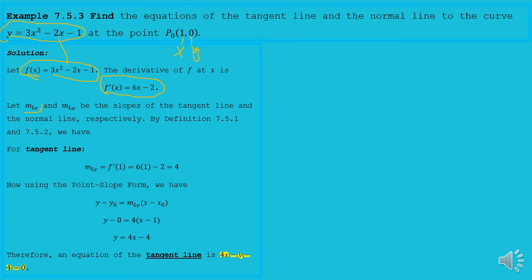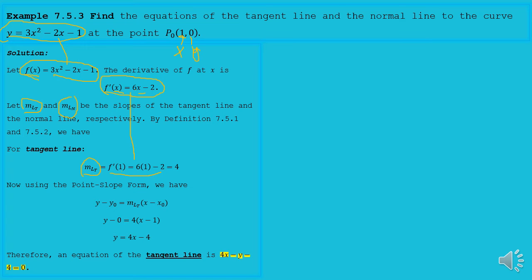So let m sub LT and m sub LN be the slopes of the tangent line and the normal line respectively. So for the tangent line class, by the definition pala, yung na-mention kanina, the 5.1 and 5.2, m sub LT or the slope of the tangent line, si variable x natin ay 1, kaya f prime of 1 na 6x minus 2. Replace x by 1 so that is equal to 6 times 1 minus 2.